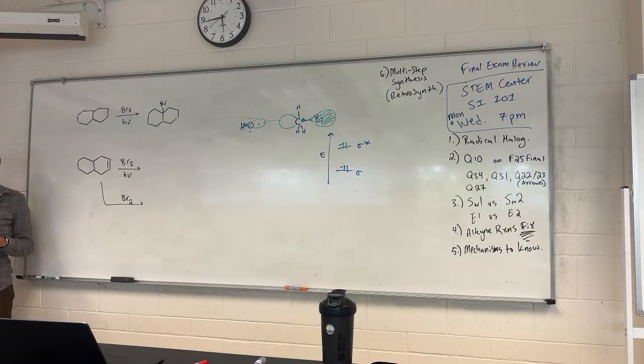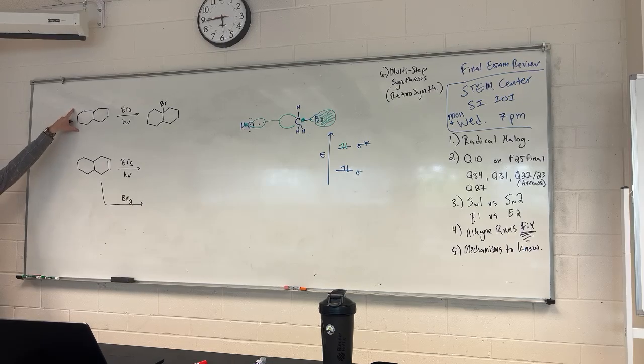It wants to be in resonance. Radicals, how come this radical didn't want to be in resonance? No pi bond, no resonance to be conjugated with. But this has a pi bond, which does set up for resonance.